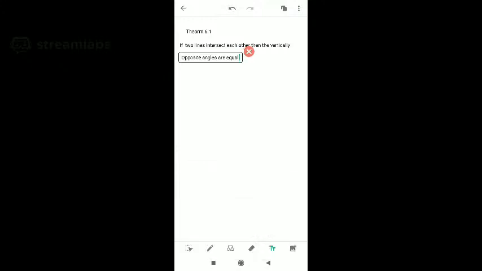So this is the theorem. So if two lines intersect each other, then the vertically opposite angles are equal.